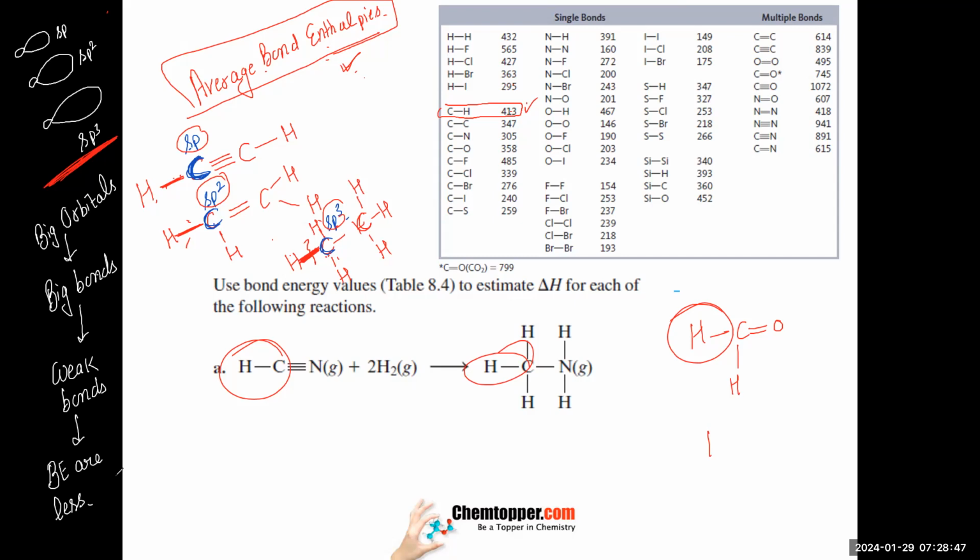No one. Even if one is there, that one odd case can be adjusted. So approximations, this is how we can learn only. Otherwise, it will become very difficult to use it. So average bond enthalpies are given, and you cannot expect that this is exactly the same bond enthalpy in this molecule. Maybe slightly up and down.